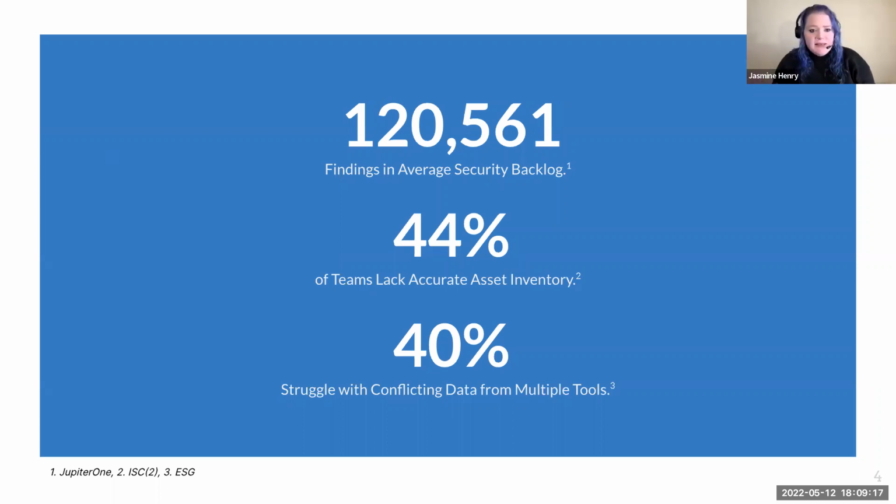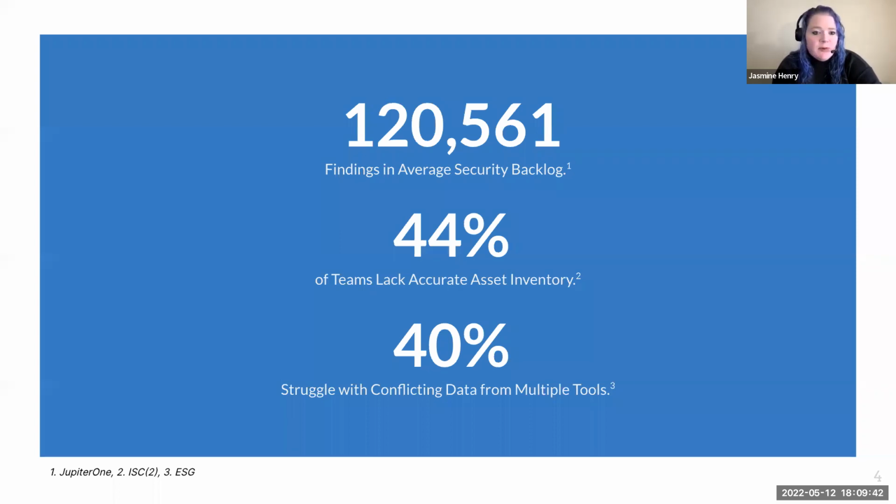To me, that is not really an okay or healthy number. I can't really imagine a world where a product engineer might have 400,000 Jira tickets, feature requests in their queue. They would probably flip off their employer and go work somewhere else. So the fact that this is the normal for security teams is something that I think needs to change.